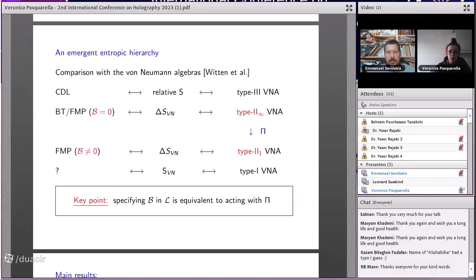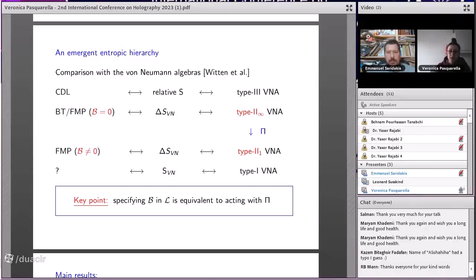On the other hand, when B is different from 0, which is the additional term that you add by hand in the Lagrangian density, this gives us the chance to take the flat limit safely, and this is like acting with a projection operator on the von Neumann algebra, so that we're led to a type 2-1 von Neumann algebra, where instead the definition of a maximum entropy state can be given, and precisely that is what you need in order for islands to emerge, because once you've identified what is the maximum entropy that the state can have, the exceeding entropy must be explained by introducing an island in some way.